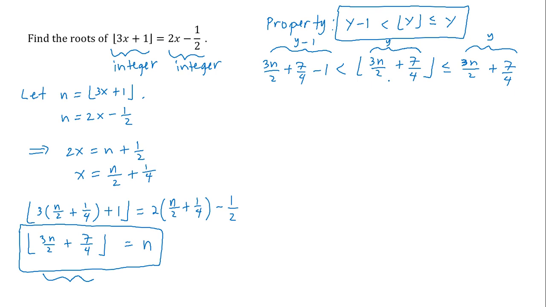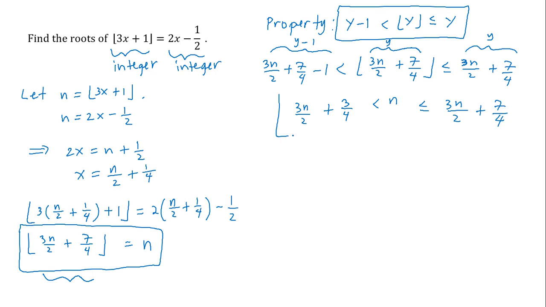So I can replace this one right here with n. So we have n is greater than 3n over 2, and then 7 over 4 minus 1, that is just 3/4. So we have 3n over 2 plus 3 over 4, less than or equal to 3n over 2 plus 7 over 4.